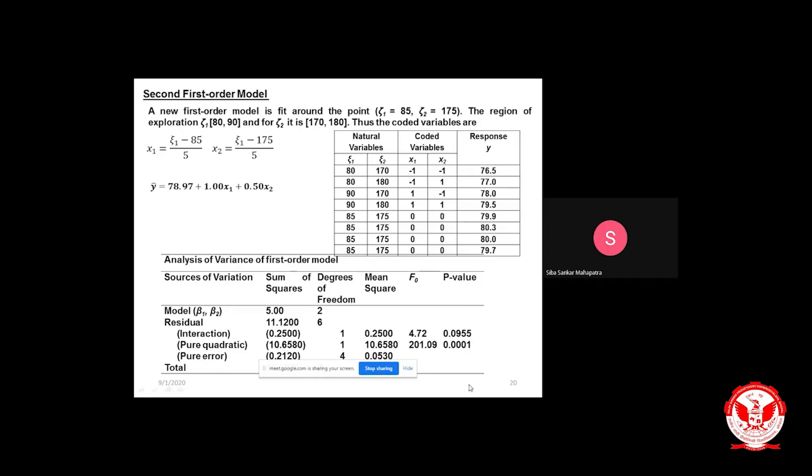If you check here, for the pure quadratic the F0 value is quite high, or the p value is less than 0.05. That says that presently the linear model is not working; rather, it needs a quadratic model.